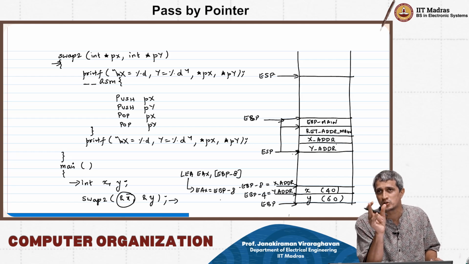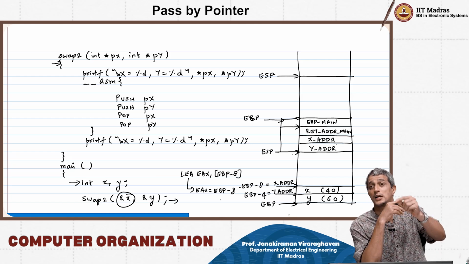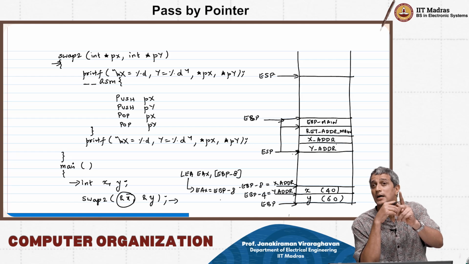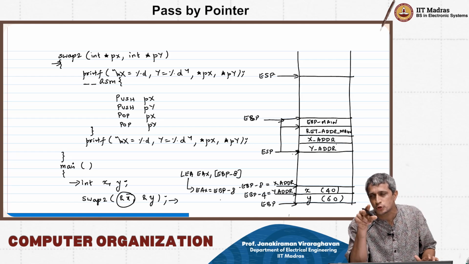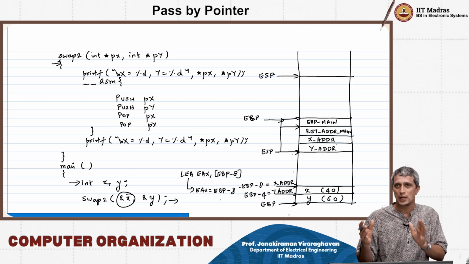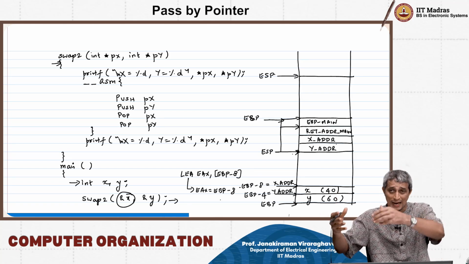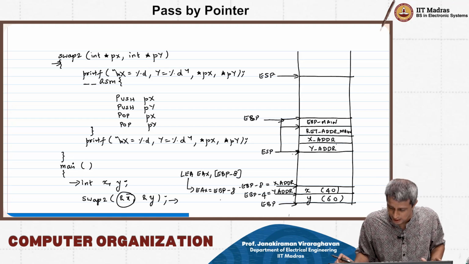These values are actually being sent. The addresses of x and y are being sent on the stack, passed by value. So pass by pointer is actually passing address by value. The address is a value which is being pushed onto the stack, and then you are dealing with those addresses completely.